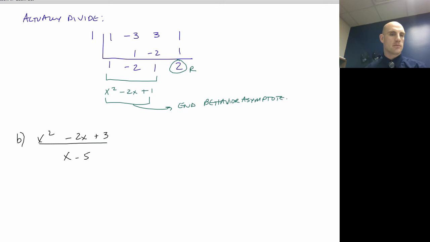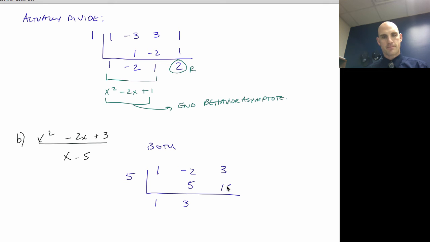All right, we're back. So our function here, we're going to find the end behavior asymptote, obviously bigger on top. So we've got the Bo2 situation. We're just checking to make sure that we actually have one. So when I divide, I'm going to put 5 on the outside, do my synthetic division: 1, negative 2, and 3. Bring down the 1, multiply by 5, add to get 3. 5 times 3 would be 15.